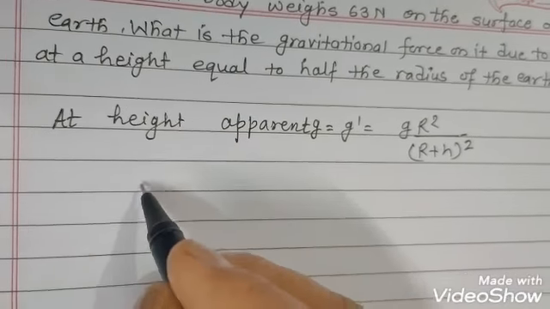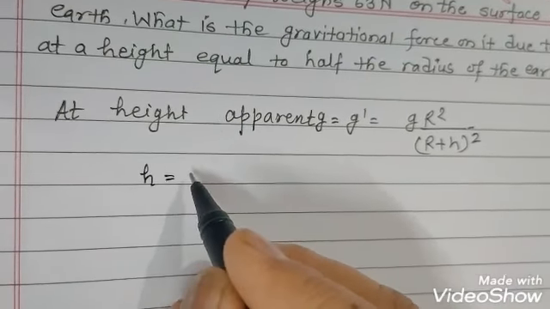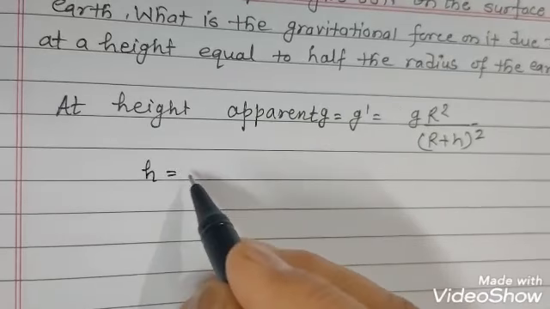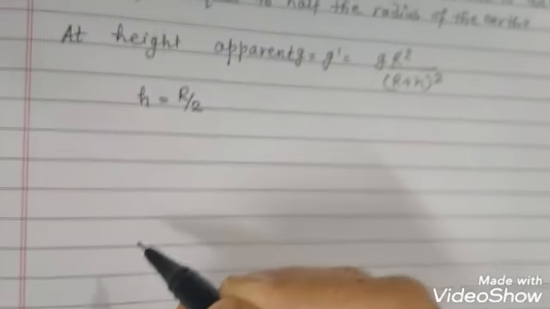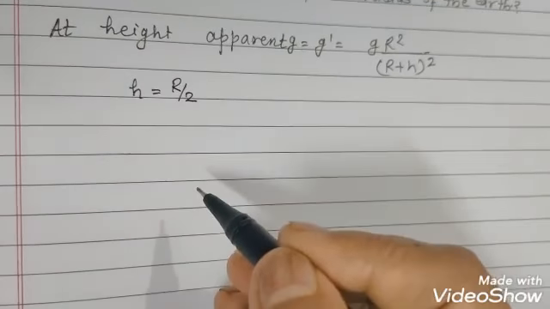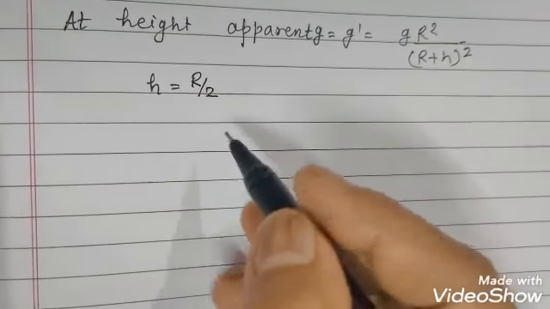Now the height given here is R upon 2, that means half of the radius of the earth. So in place of h we will put the value R upon 2.